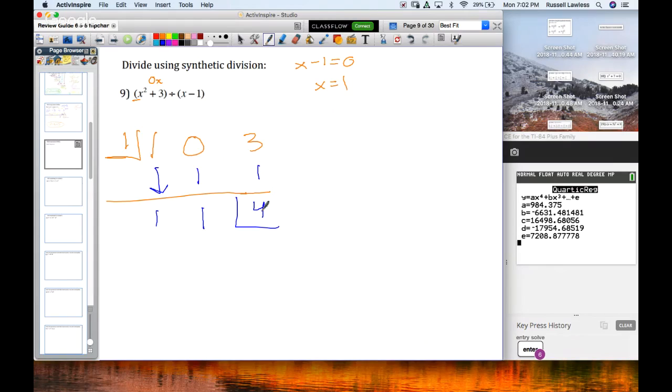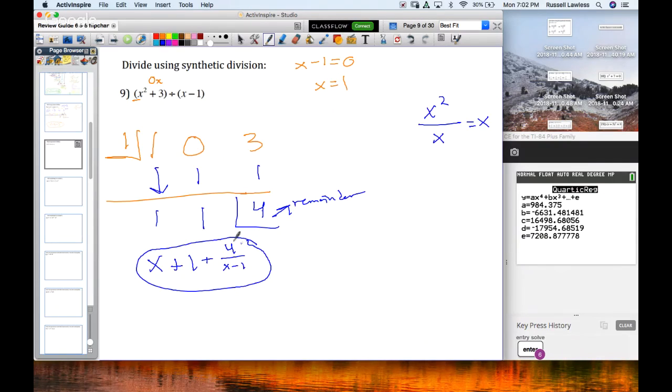Now, with this remainder here, what we're going to do is, because the x squared was our leading degree, and we divided it by a polynomial with a degree of 1, that means x will be our first term, and we'll add that to 1. This is known as your remainder. And so with the remainder, what we're going to do is add the 4 over the x minus 1.